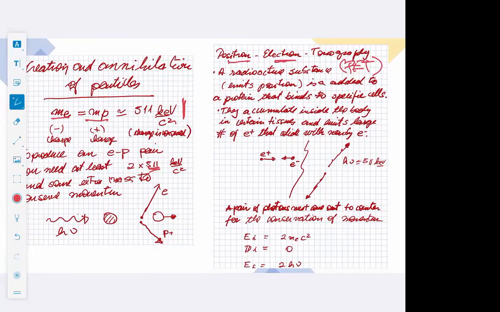You add a radioactive isotope to a protein that binds to a certain type of tissue inside the body. For example, you can add something that resembles sugar. We know that cancerous cells are very attracted to consuming sugar, so you will get an image with a high intensity around the position where there are cancerous cells.